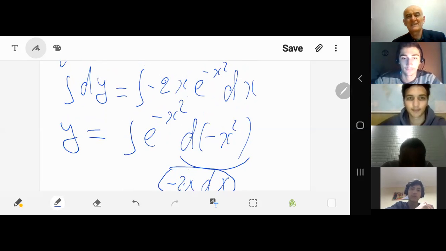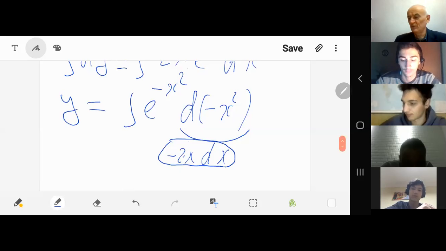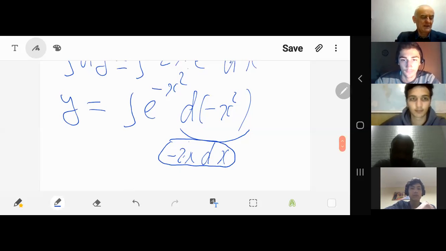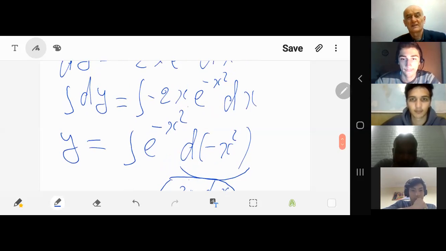I think we don't need any coefficients because they are equal. If you disagree, I am ready for discussion. No, I agree with you, because d of minus x squared is minus 2x times dx, and in the previous expression we have absolutely the same.